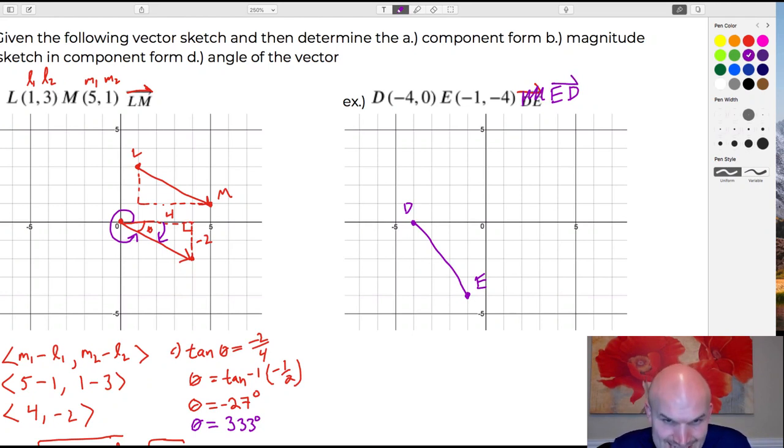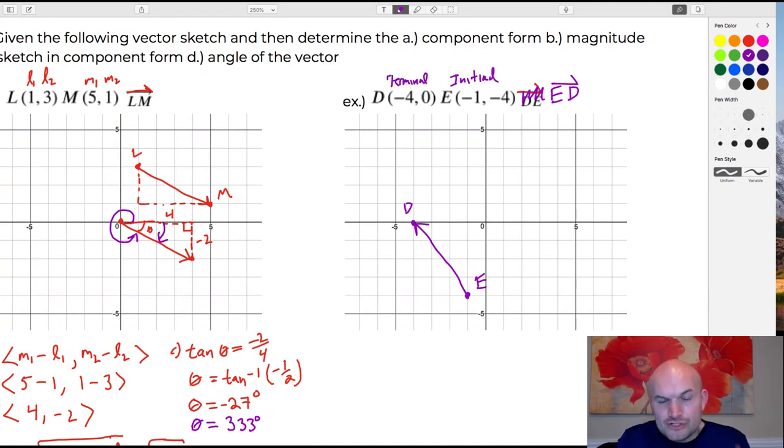So in doing E to D, we know that the direction now is going this way. There's your initial point, there's your terminal point. E is our initial point, and here's our terminal point. You don't have to label this D1, D2, E1, E2. You just know this is your initial, here's your terminal.